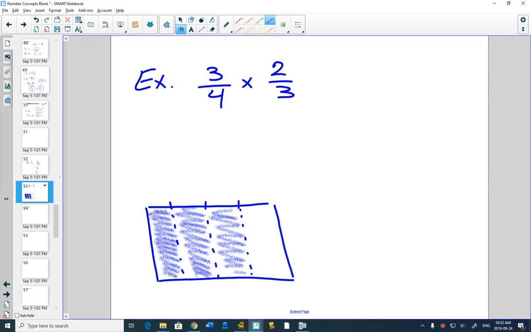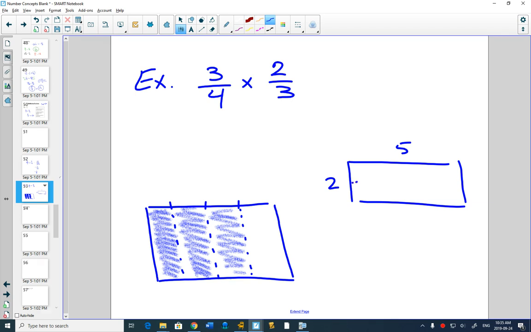Okay? Oh, first of all, what I'm about to do is connected to area. Have you guys done areas of rectangles before? Yes, you have, but maybe just a review. If I have a rectangle that's 2 by 5, what's the area? 10.